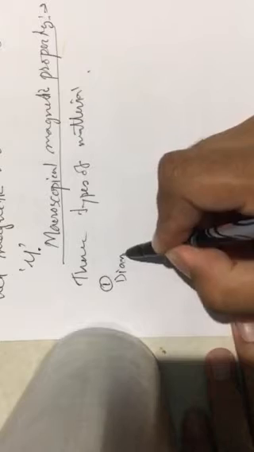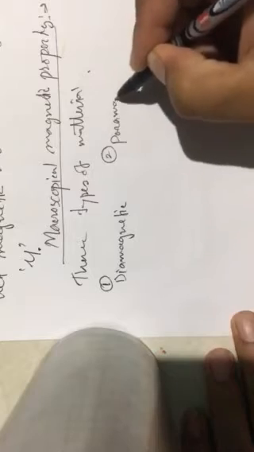Number 1, diamagnetic. Number 2, paramagnetic, and number 3, ferromagnetic. Okay. So what are the differences between them?